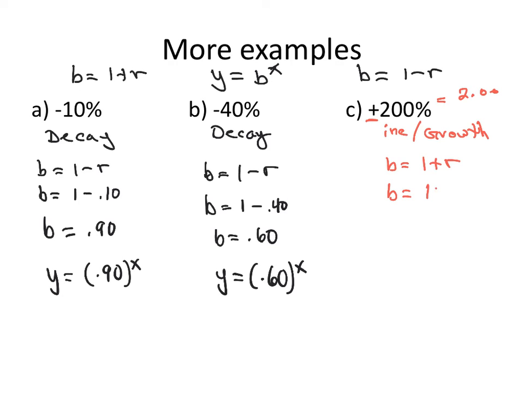So b equals 1 plus 2. So my b is actually 3 if I want to increase something by 200%. And so my equation is y equals 3 to the power of x. So that's how we create equations from just being given the rate at which we want to increase or decrease.